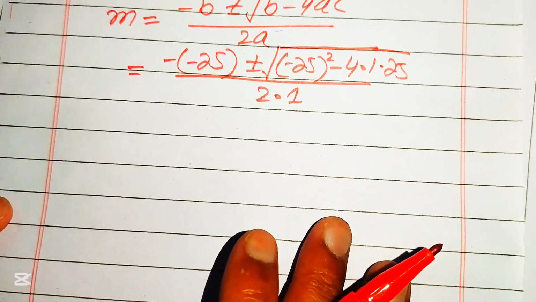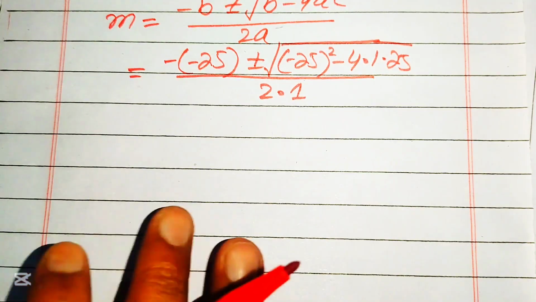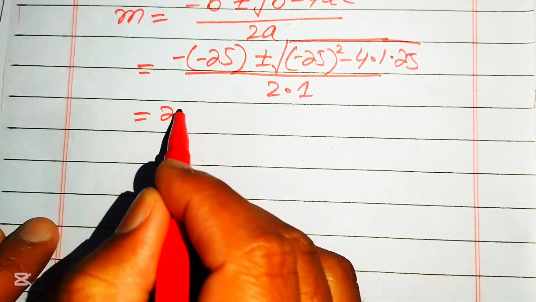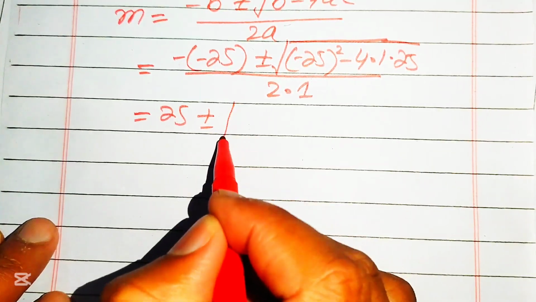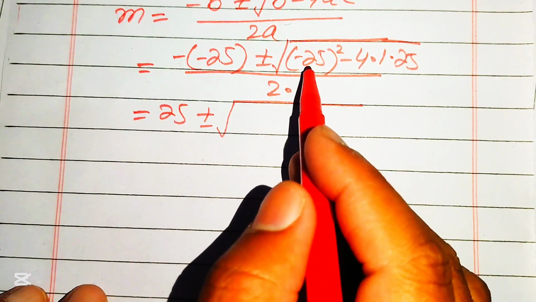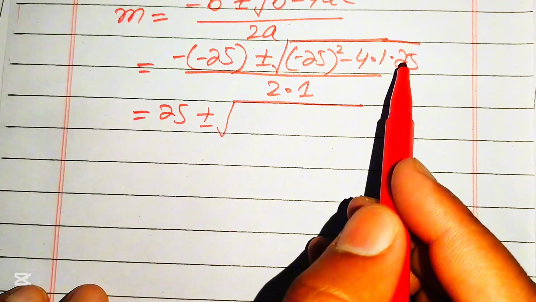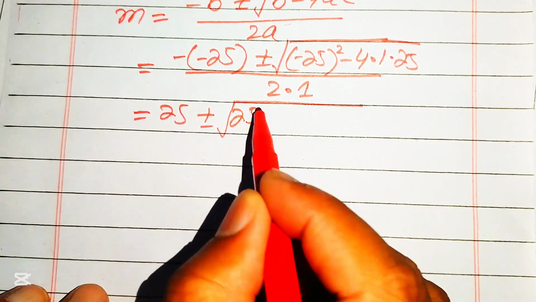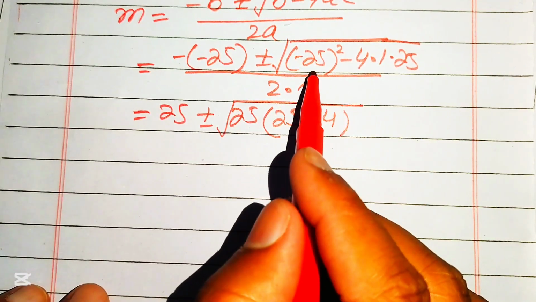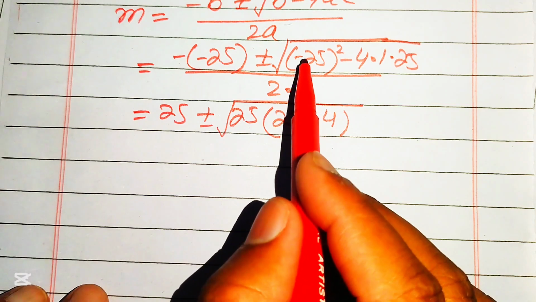And now in the next step we need more simplifications here. Minus times minus becomes plus 25, and plus minus square root of minus 25 square, which becomes plus 25 square. When we take common 25 from these two terms it will be written as 25 times 25 minus 4. Remember one thing: this is the square of a negative term, so it becomes positive.